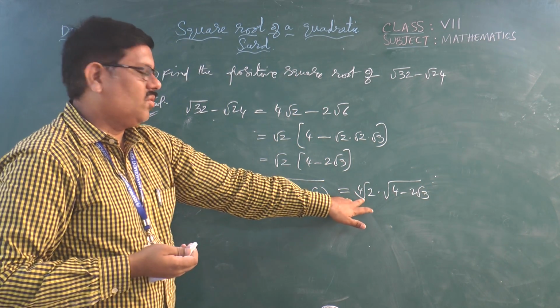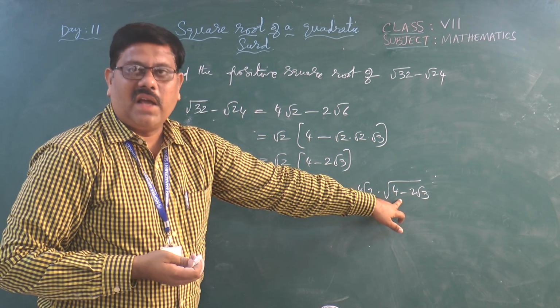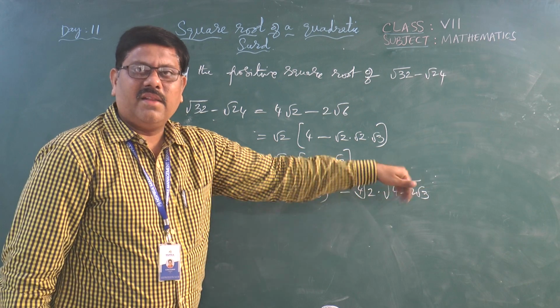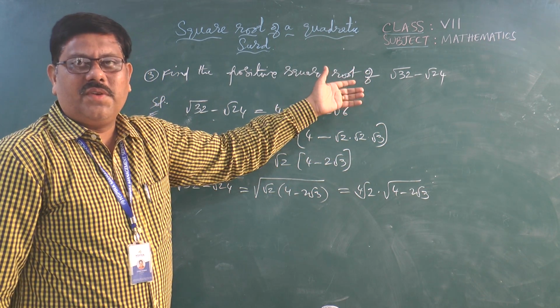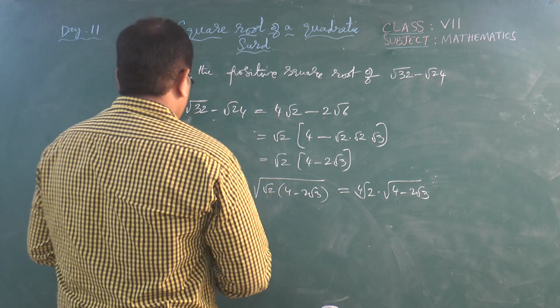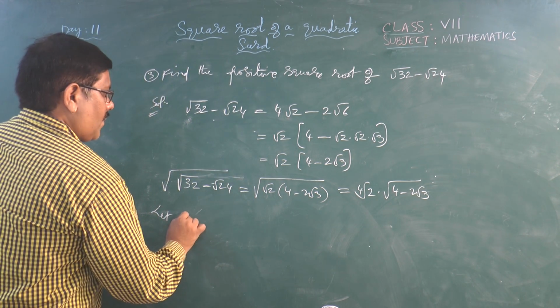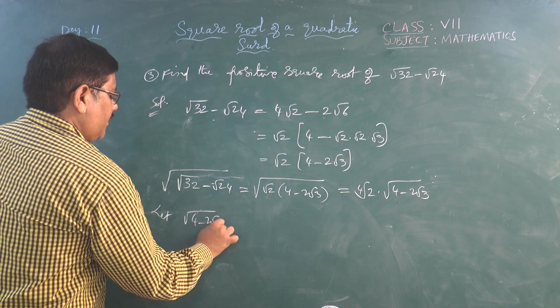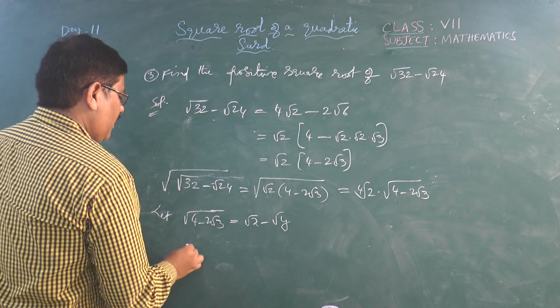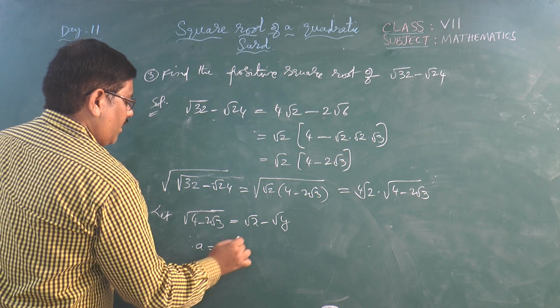This is already over, nothing to do with this. Only the thing is now we have to find out the square root of 4 minus 2 root 3. Again the same process, whatever process we adopted in the earlier case, the same thing here also we can do. Let us take root of 4 minus 2 root 3 as root x minus root y. Therefore, a is equal to 4 here.